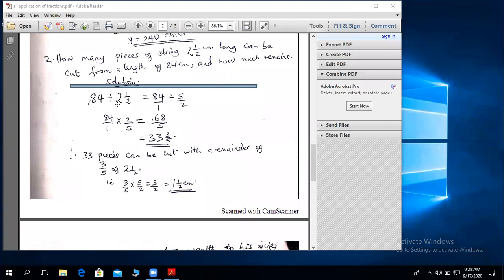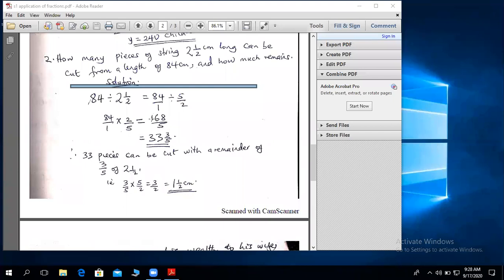So 2.5, I convert it to an improper fraction. I get 5 out of 2. So I'll get 84. When I'm dividing, of course, I'll have to multiply by the reciprocal. We agreed on that. So when I multiply by 2 out of 5, you see these ones cannot cancel.